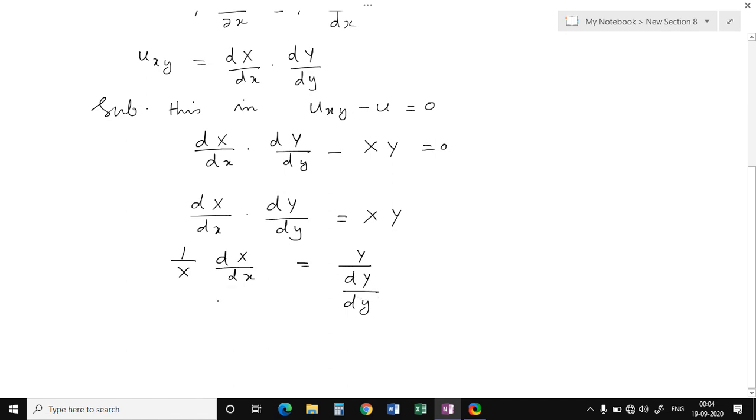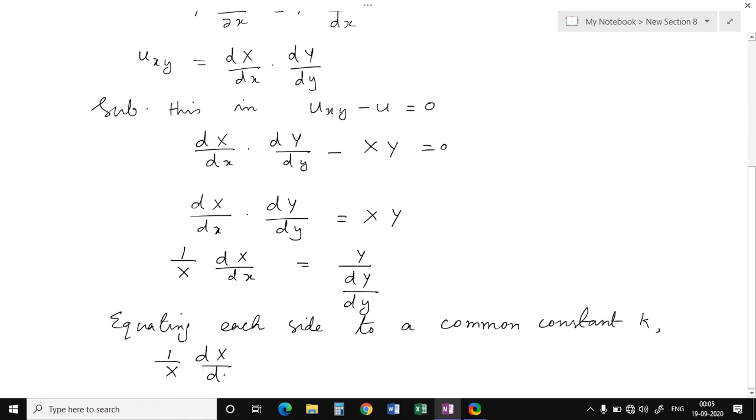Now the next step is equating each side to a constant k, which is known as the separation constant. So we can equate each side to a common constant k: 1 by X dX by dx equal to k, and Y by dY by dy is equal to k.